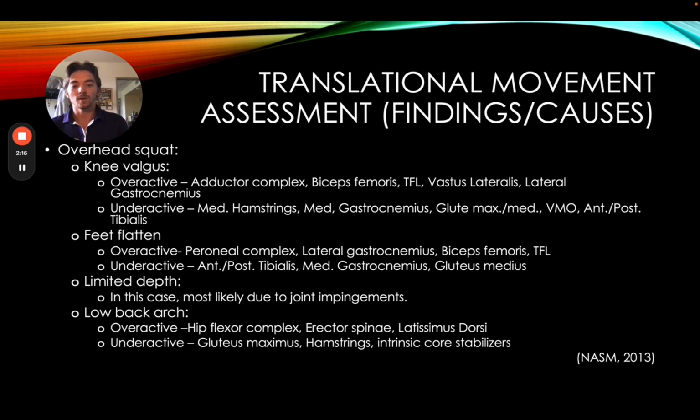These are from the NASM 2013, what you could expect from feet flat, knee valgus, low back arch.